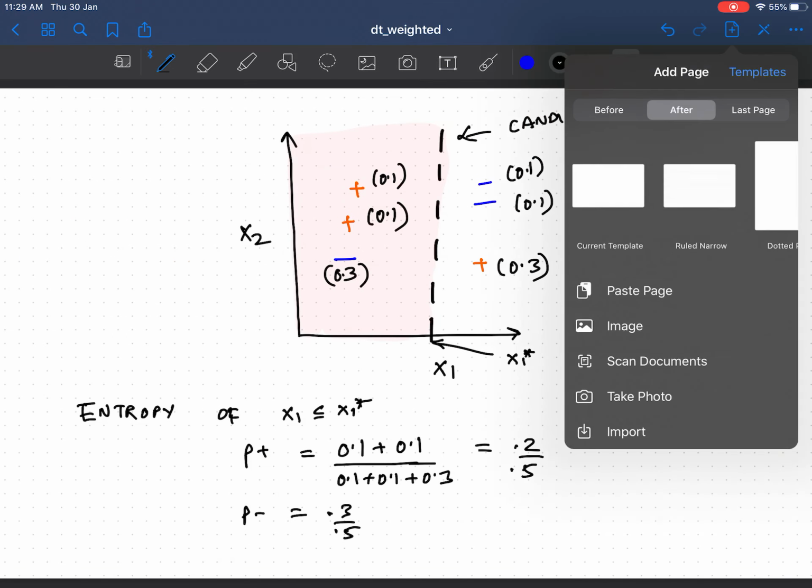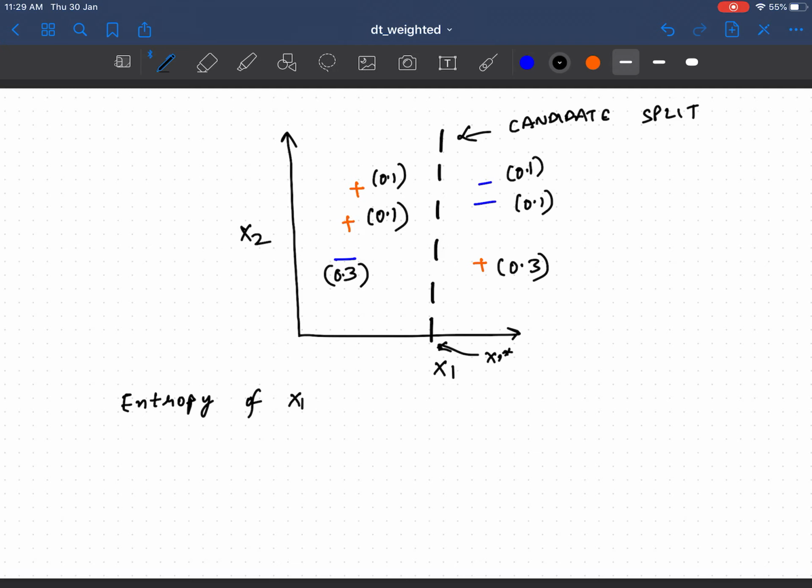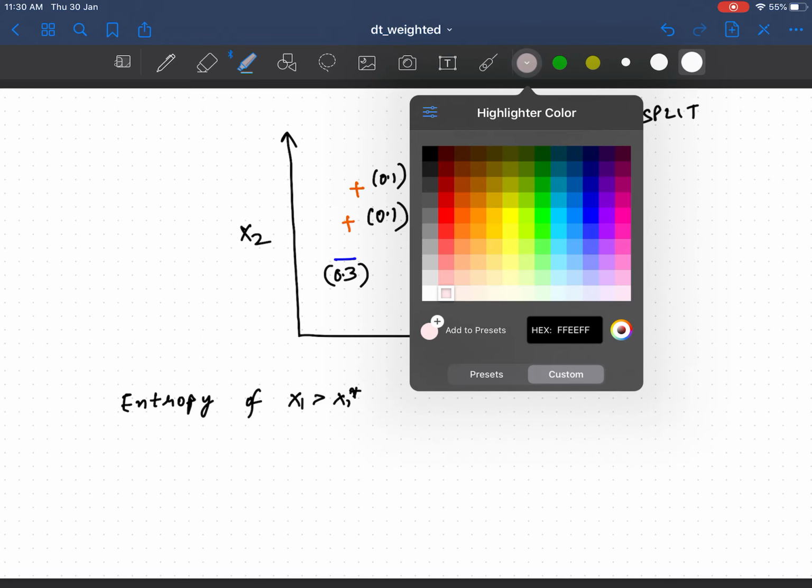The second subset is where, with this particular point being x1 star, we calculate the entropy of the region x1 greater than x1 star, which we can highlight using some other color.